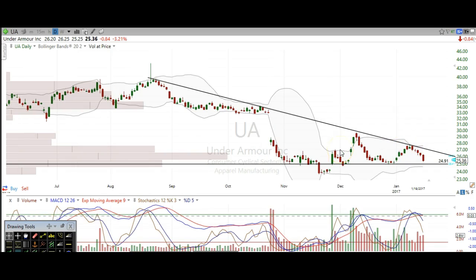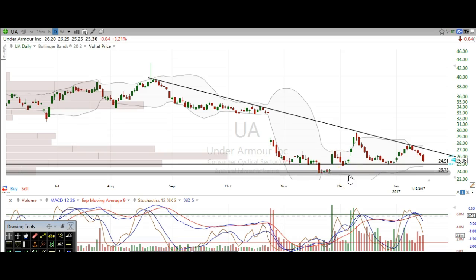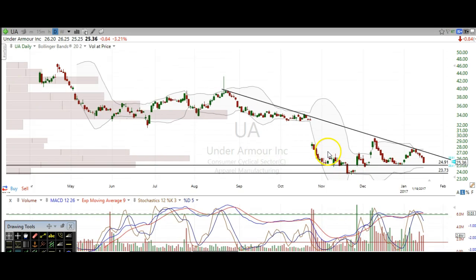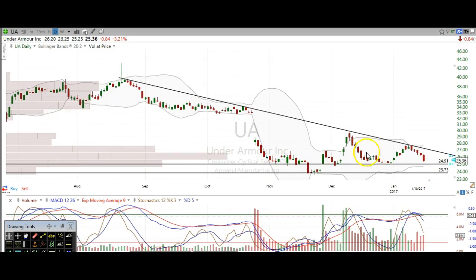And then we've got some pretty decent support between $25 and I'll draw another little support right there, just below $24. So between about $23.50 and $25 is that support level that you want to see hold on Under Armour here. And right here is that main support, just about $25, which is just a few cents lower than us.